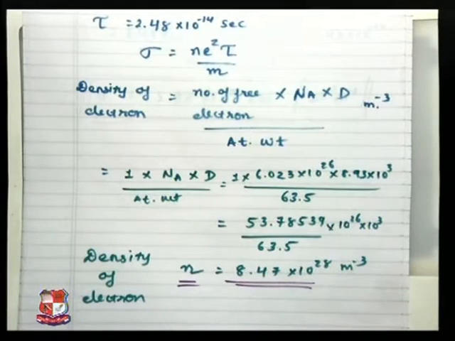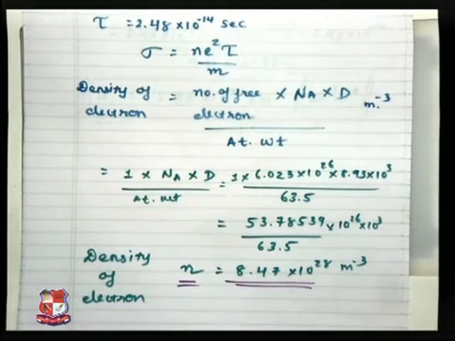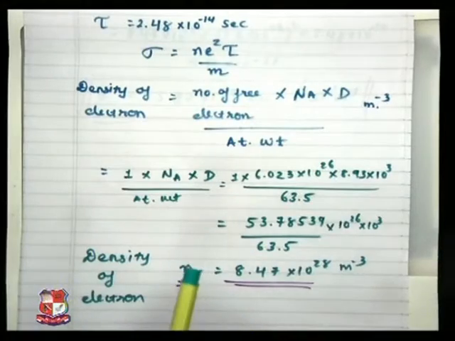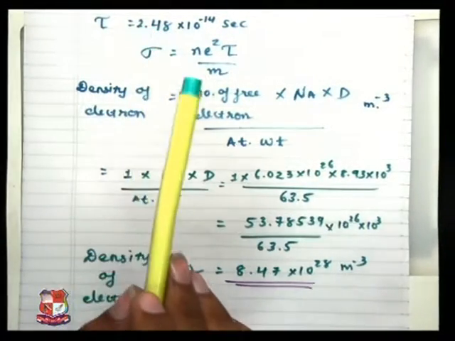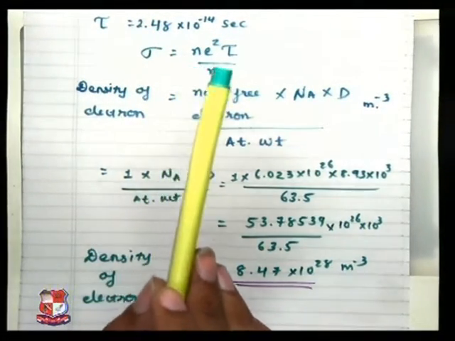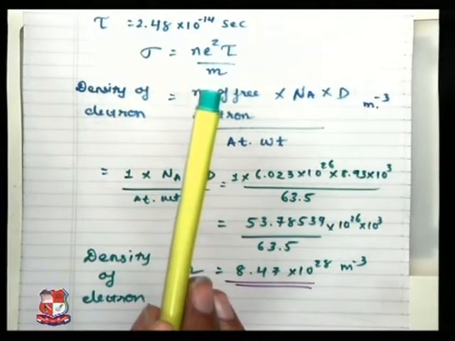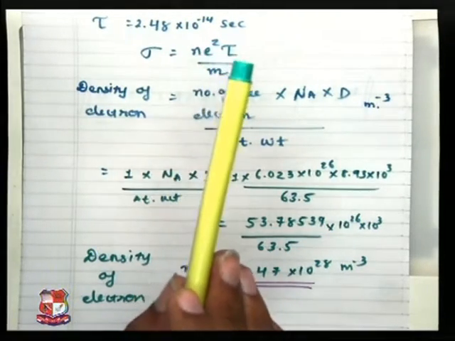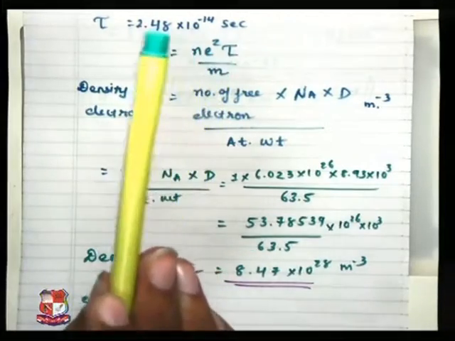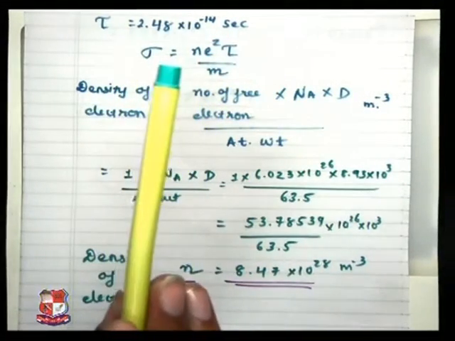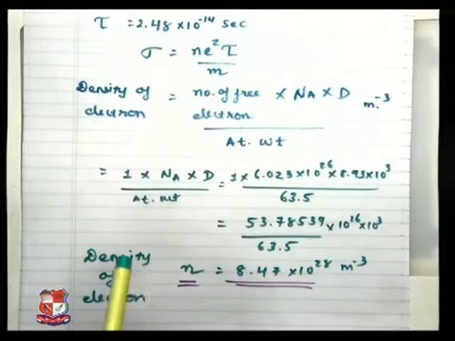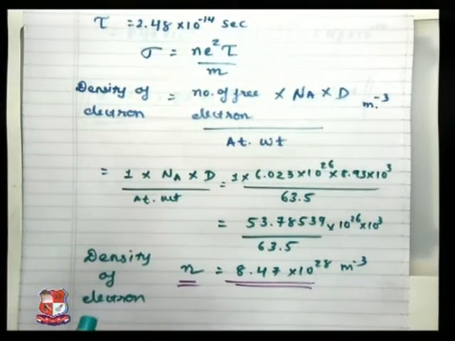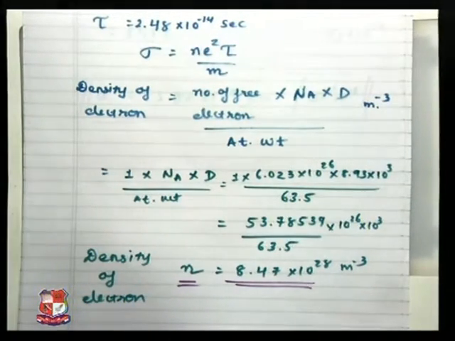So by obtaining the value of density of electron, we can substitute it in the equation sigma is equal to n E square tau upon m. We have the value of m, tau, E, and we calculated the value of n, the number of electrons per unit volume.